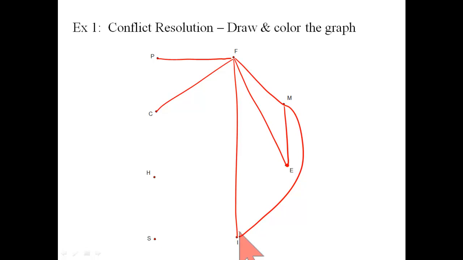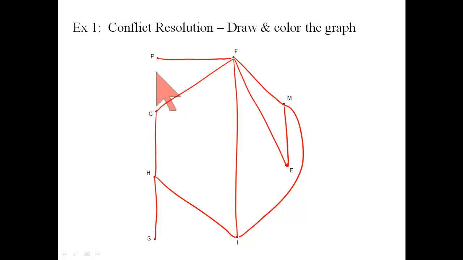I think that's it for math. Let's go on to history. History and Italian, yes. History and Spanish, and history and chemistry. How about philosophy? Philosophy and French, we've already drawn that.